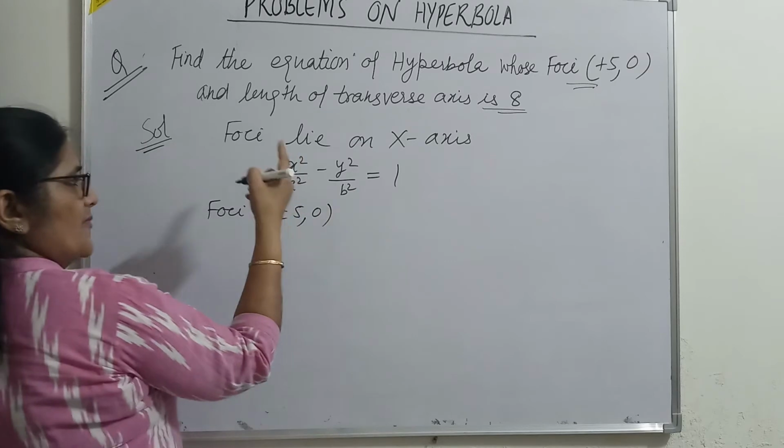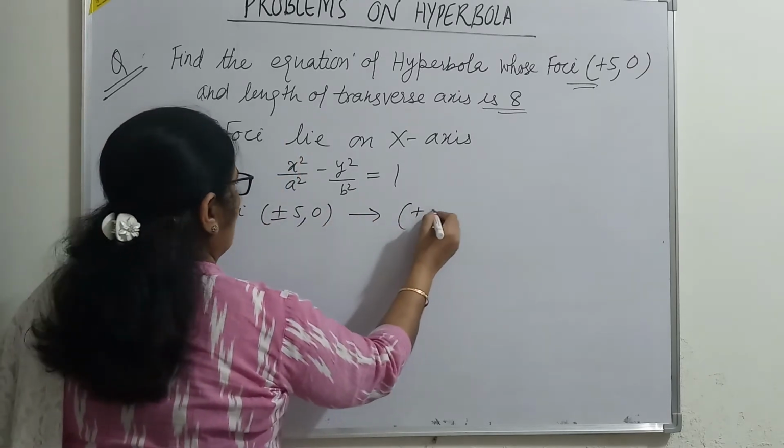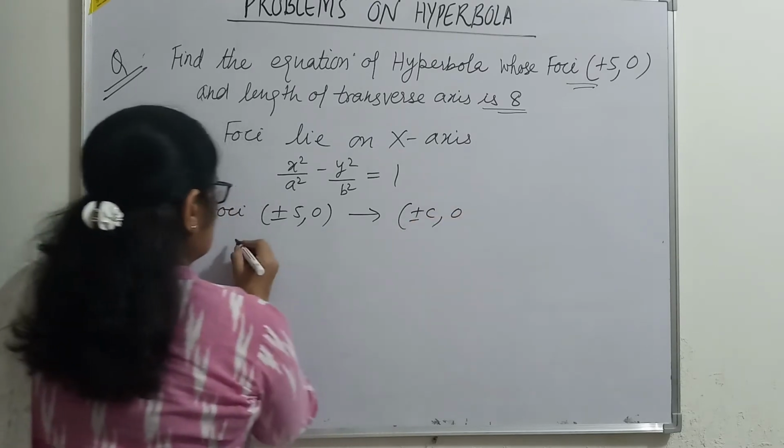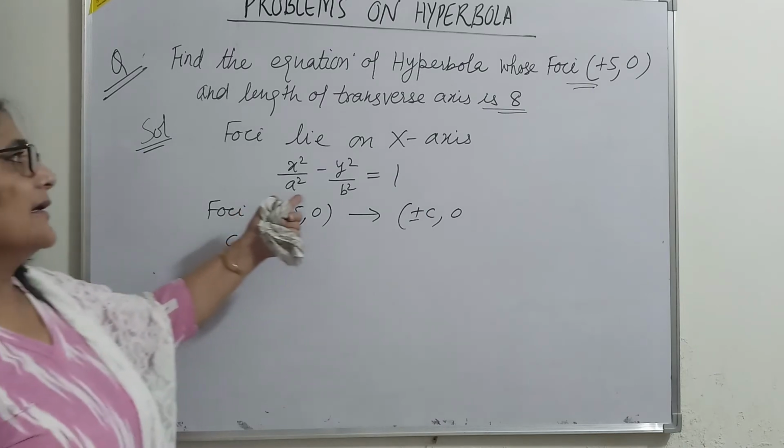In this form, the foci are ±c, 0. So c is here 5, but we require a and b.